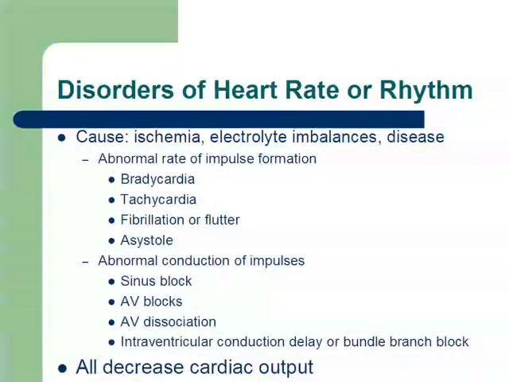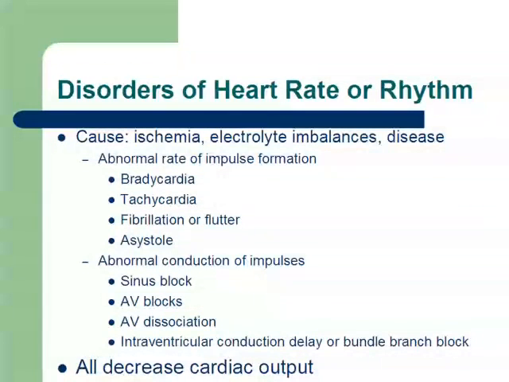Second degree AV block, your PR will get progressively longer, and then you'll drop a QRS. Or your PR remains constant, but you still drop a QRS. And this will occur in a coordinated fashion. In other words, 4 P waves for every 3 QRSs, or 3 P waves for every 2 QRSs. So you'll have an irregular rate.